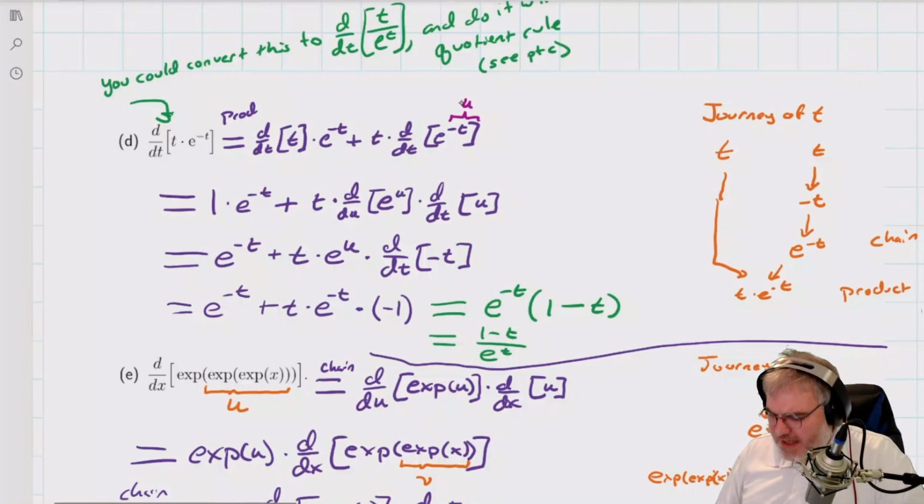And I've got this u hanging out here, because negative t, I can't just do that directly. I need a u there. So what am I going to do? I'm going to set up a chain rule.